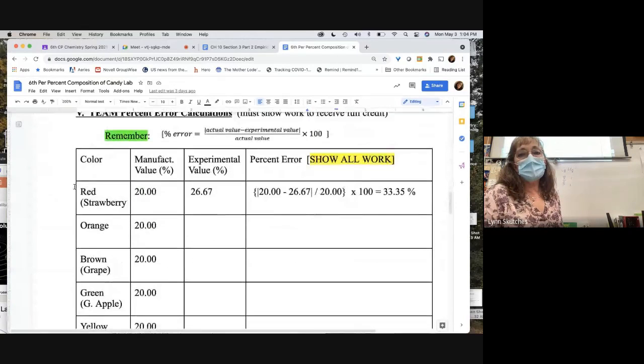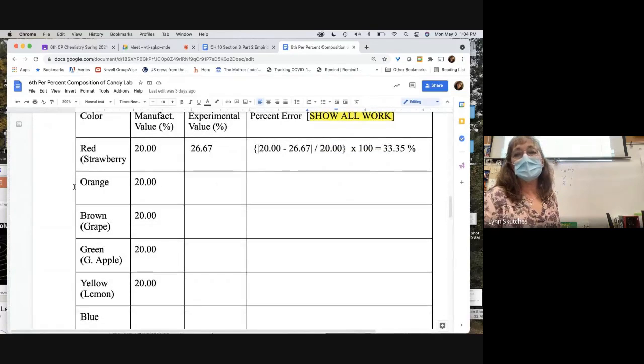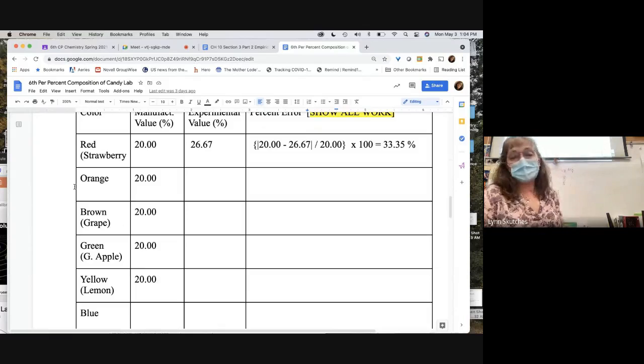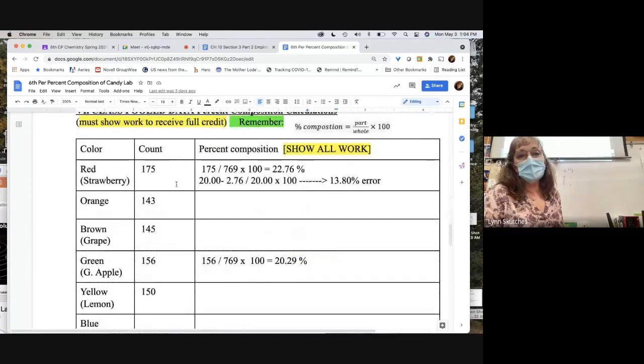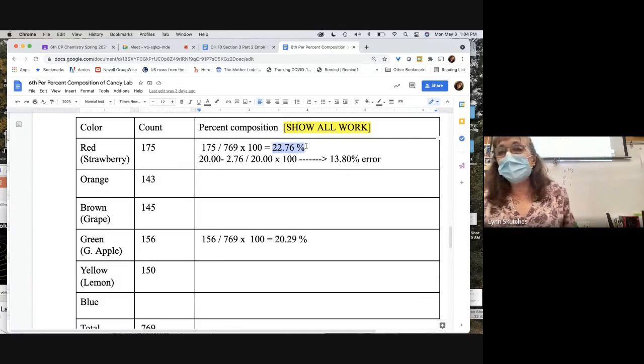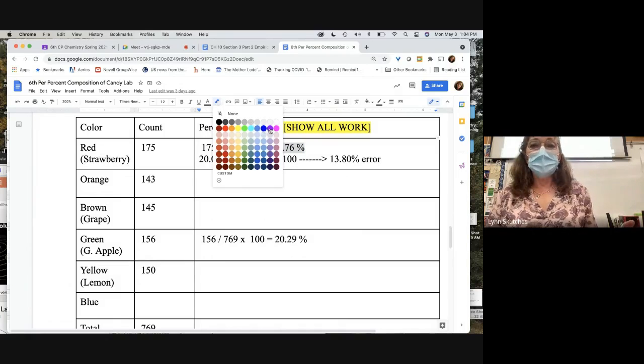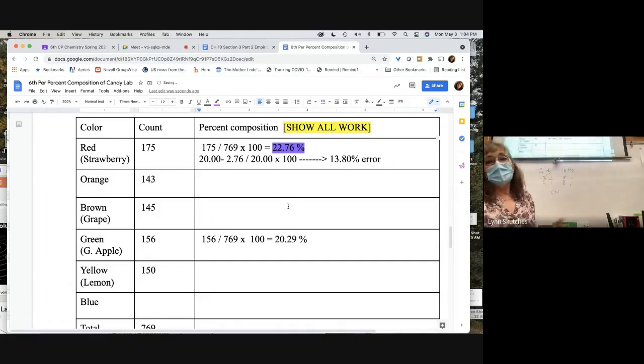And then you're doing percent errors. I think that's where we left off Friday. And then we pooled our data. So what you're going to do is use the class pooled percentages to do the last problem. I'm not going to go through and do them all.